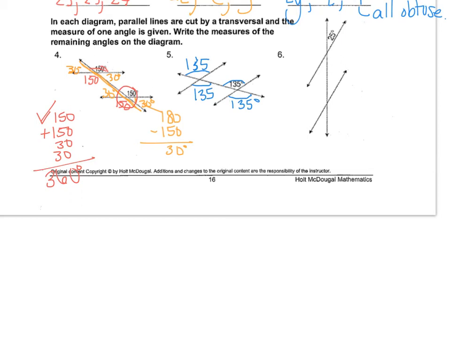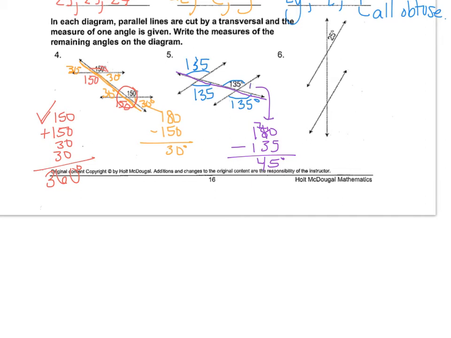All right, so now, again, they want us to find that acute angle. So I'm going to do the same thing. I see my transversal forming that straight line, forming that 180 degrees. This time I'm just going to subtract 135. So when I subtract, I'll get my acute angle. So I got 45 degrees for my acute angle.